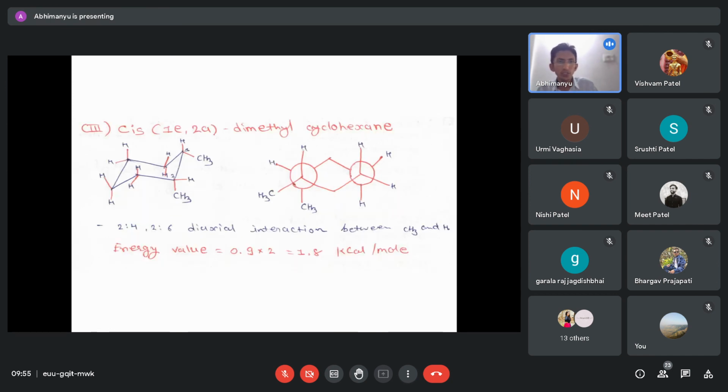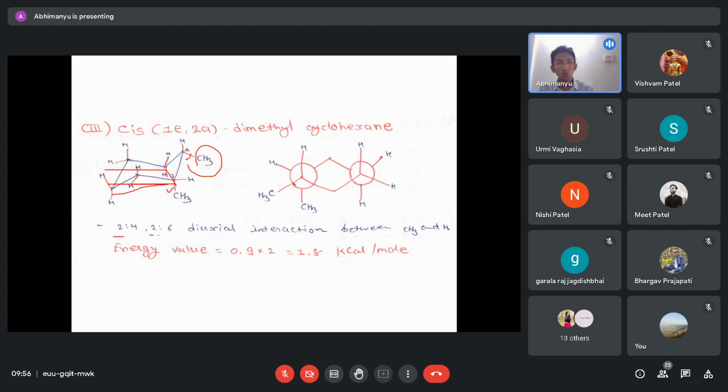Let's see the others. If it is cis, 1 equatorial 2 axial, what happens? With respect to the equatorial, there is no repulsion due to the equatorial bond. But what about the axial? Okay, 2,4 and 2,6 repulsion is possible.